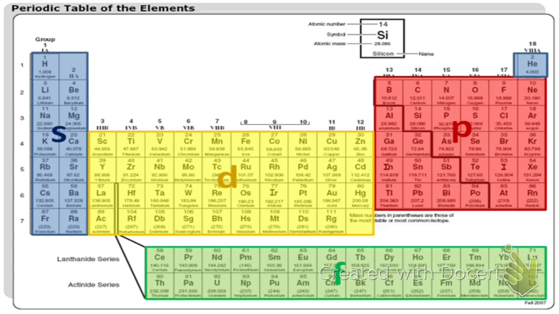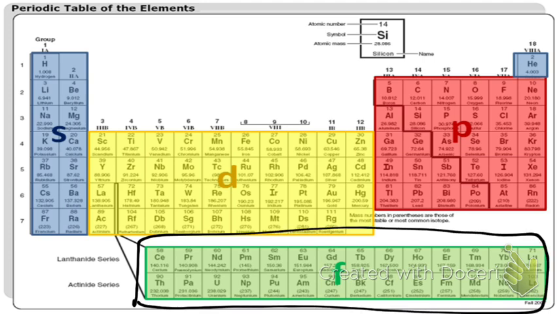And then our very last block, our F block down here, is able to hold 14: 1, 2, 3, 4, 5, 6, 7, 8, 9, 10, 11, 12, 13, 14. This is the reason why those subshells can only have a limited number of electrons in them.